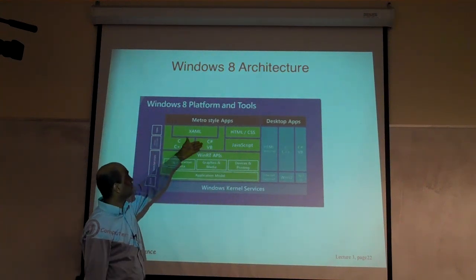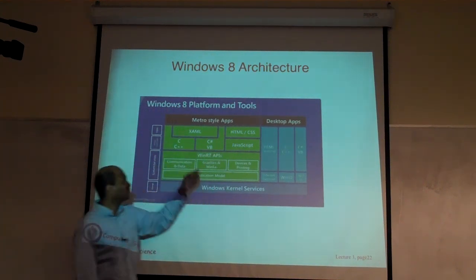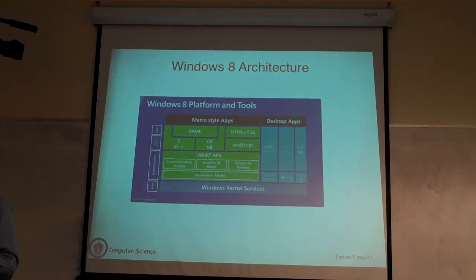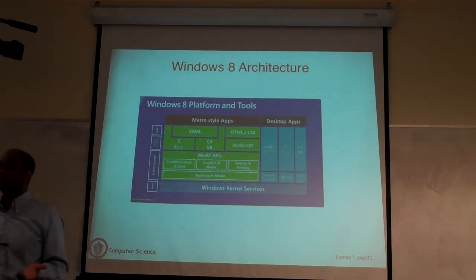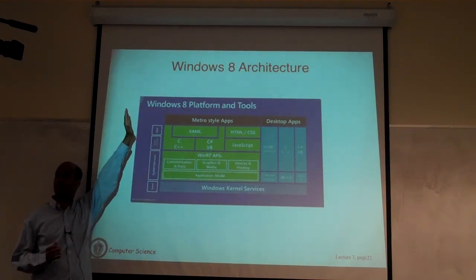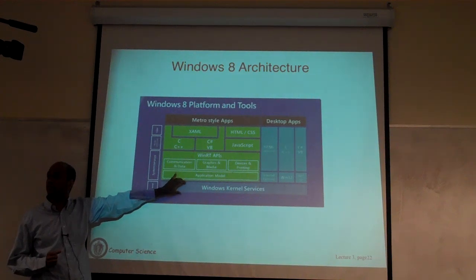There is the system level API, the JavaScript, there are all these RT APIs. So lots of APIs and libraries and things that sit right on the kernel itself. Okay. So for the purposes of this course, I'm ignoring all of this. I'm only looking at this.